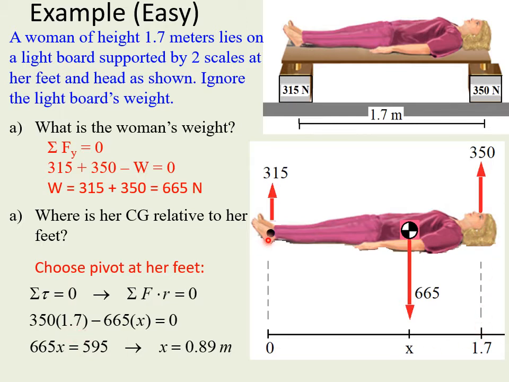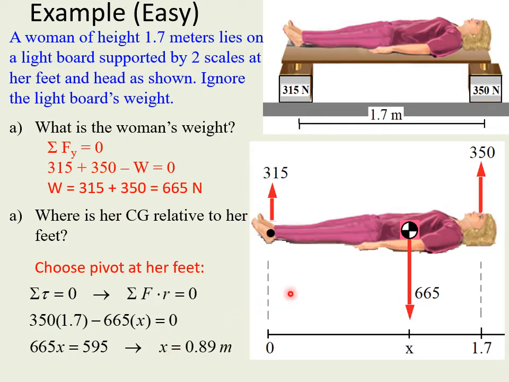We're measuring the distance from the pivot now. And then this force here, her weight, remember, acts at her CG. So we have 665 newtons times the distance x, which we're trying to calculate. And remember, of course, this is a negative torque. Her weight is trying to rotate her around the pivot in this direction.